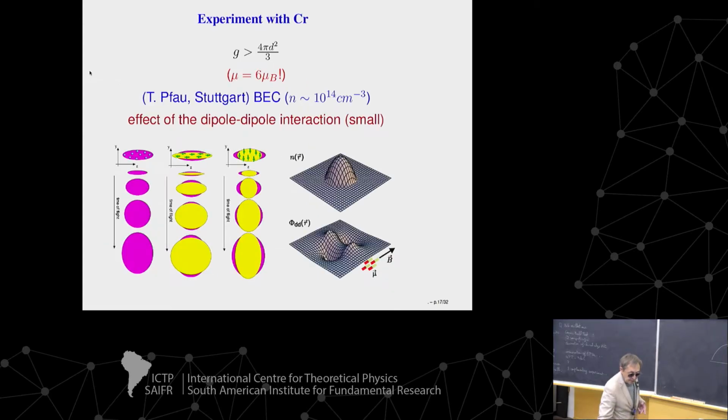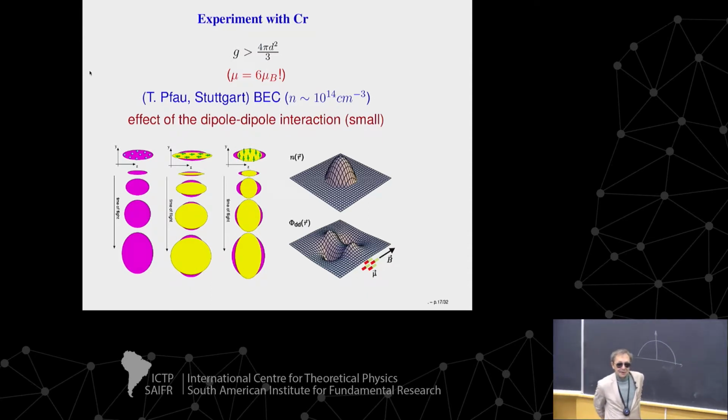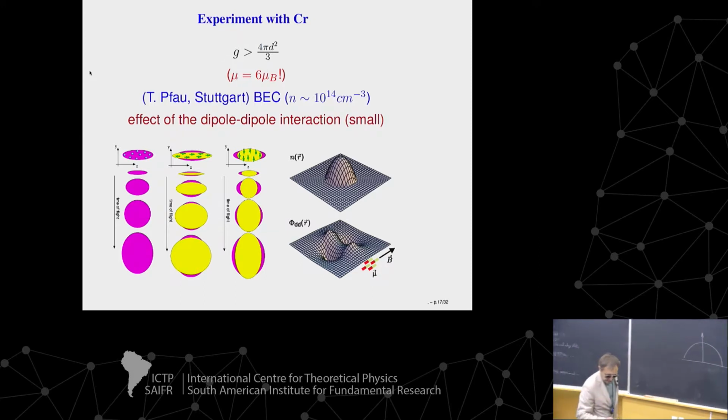The role of dipole-dipole interaction has been tested experimentally by the experiments of Tilman Pfau with magnetic chromium atoms. So what you do, you create a cloud, and then the cloud expands. The shape of the expanding cloud is somewhat different compared to the case of only short-range interactions. For example, for the dipoles like that, it's like that. For the dipoles like that, it's like that, and so on.